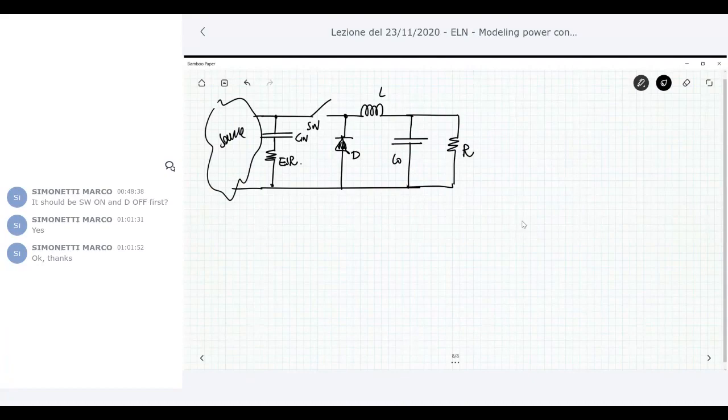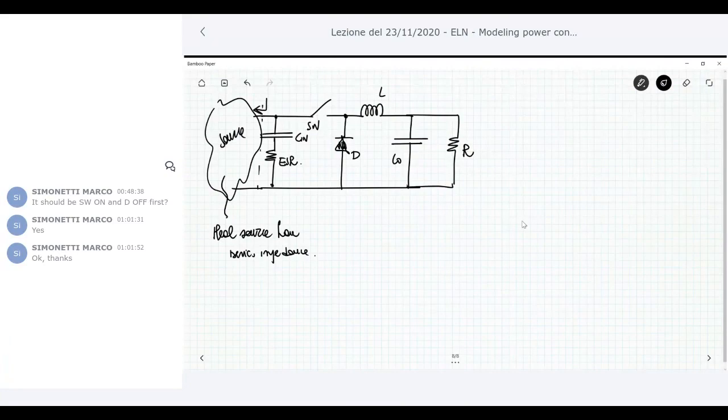Real voltage source means that the source has an impedance in series. It's not simply a battery without any kind of series impedance. So looking at this side, you can see the voltage source, the battery, plus an equivalent resistance or impedance in series, for example due to the filter, etc.